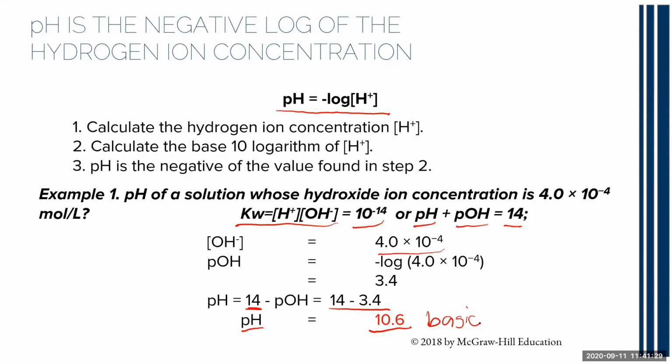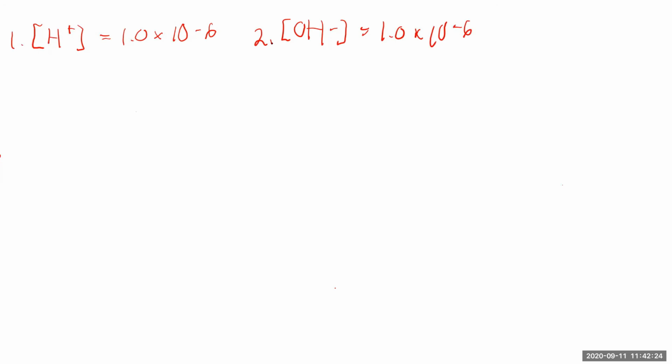Okay, so let's have an example. Let's calculate the pH of a solution with a given hydroxide ion concentration of 1.0 times 10 raised to the power of -6.